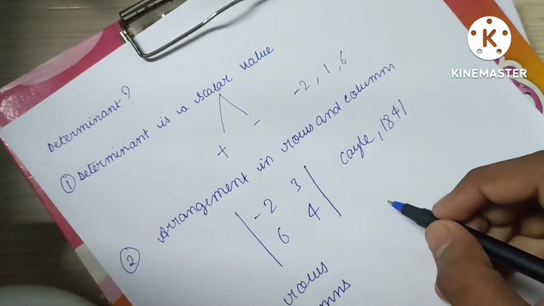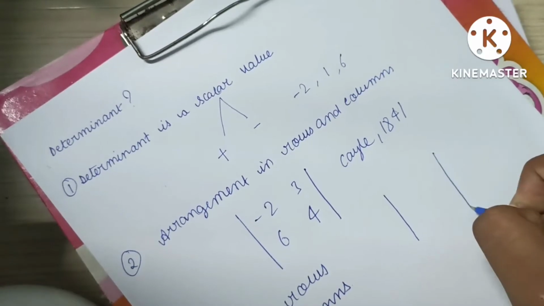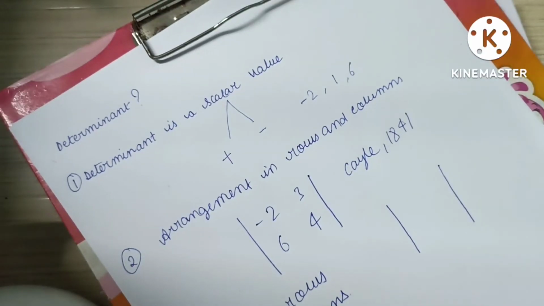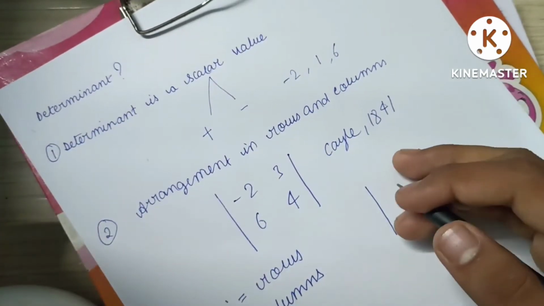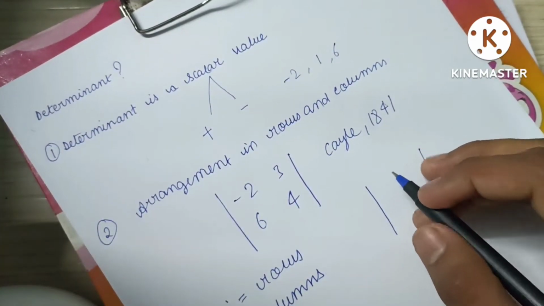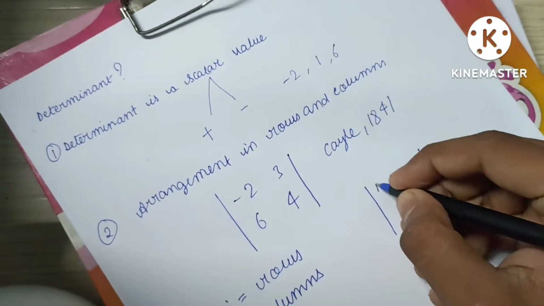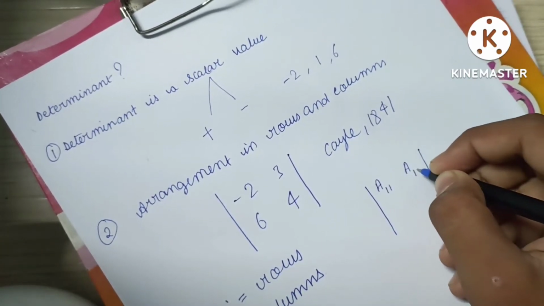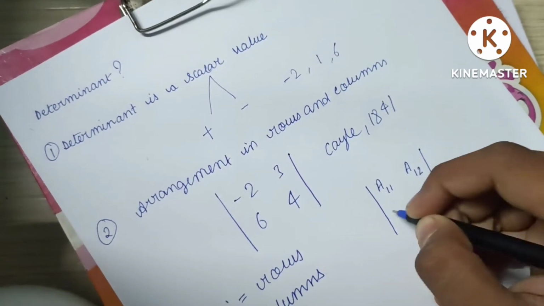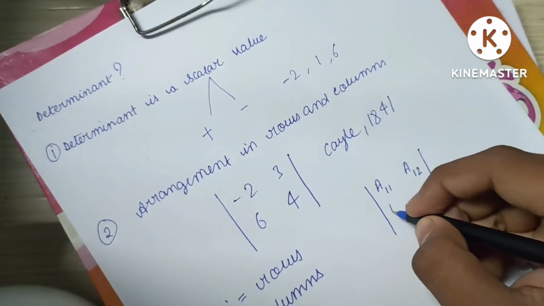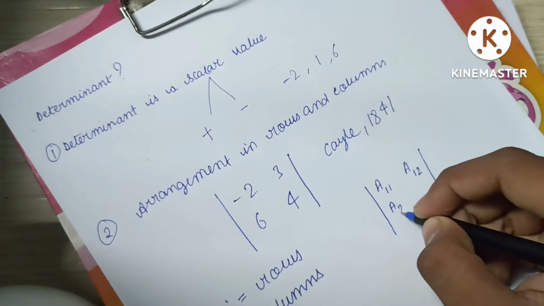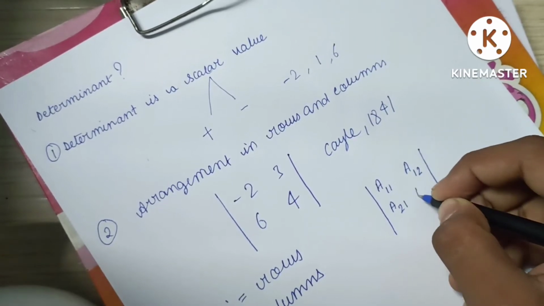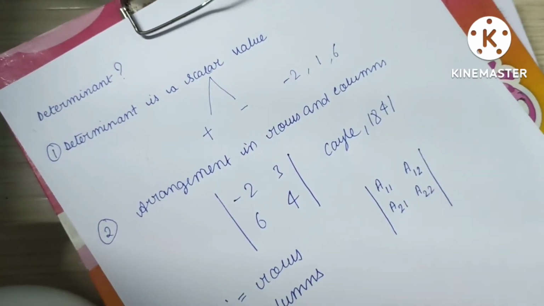So we can also write them in this way if we don't want to write any number, just for explanation: a1,1, a1,2, a2,1, a2,2.